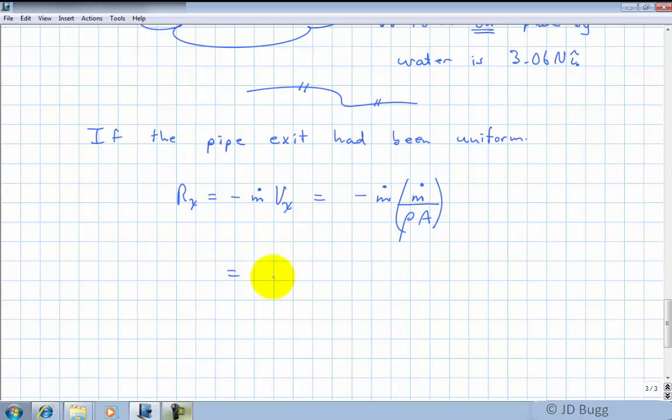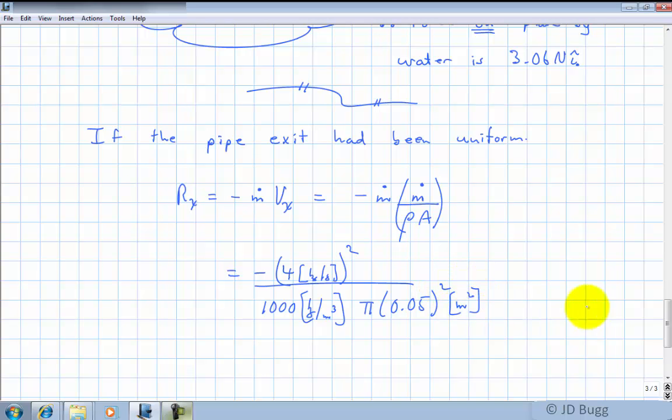So this is minus 4 kilograms per second, that's our mass flow rate, but it needs to be squared, divided by the density, 1,000 kilograms per meter cubed, and divided by the area, which is pi times the radius, 5 centimeters squared, and that'll give us meters squared.